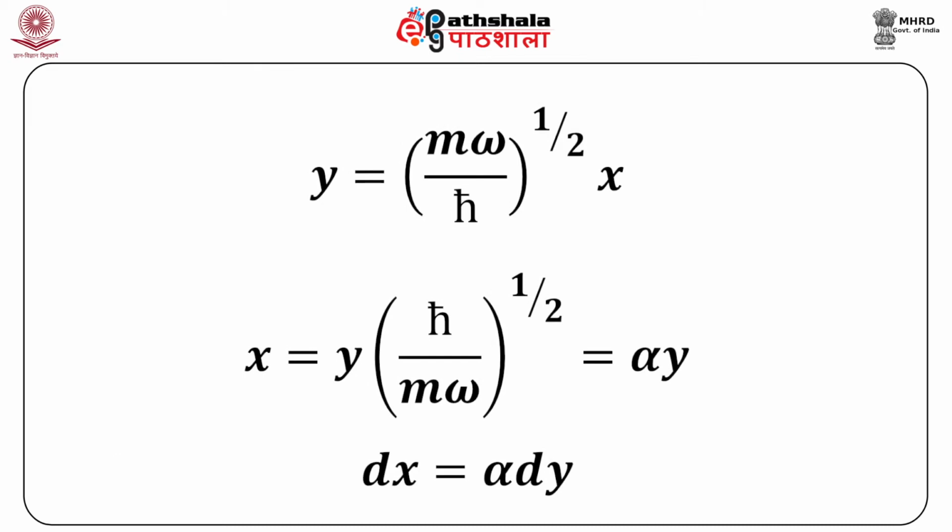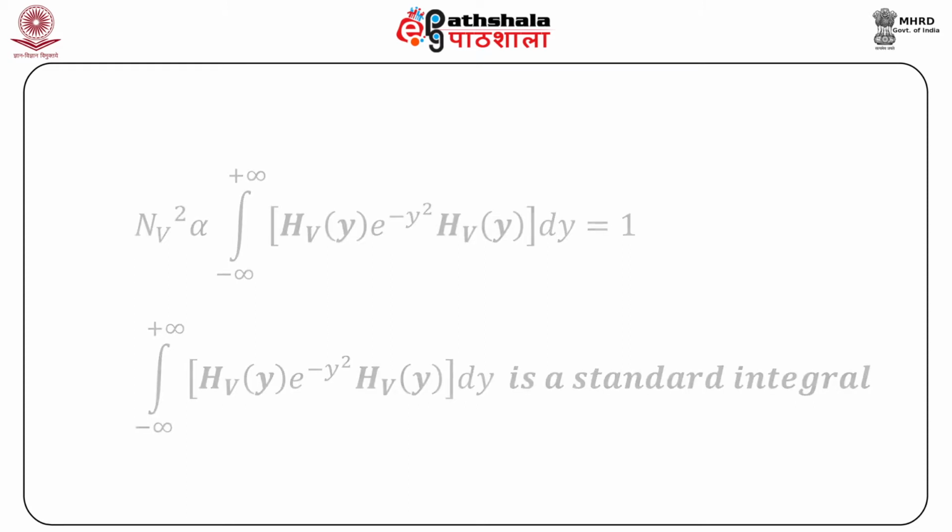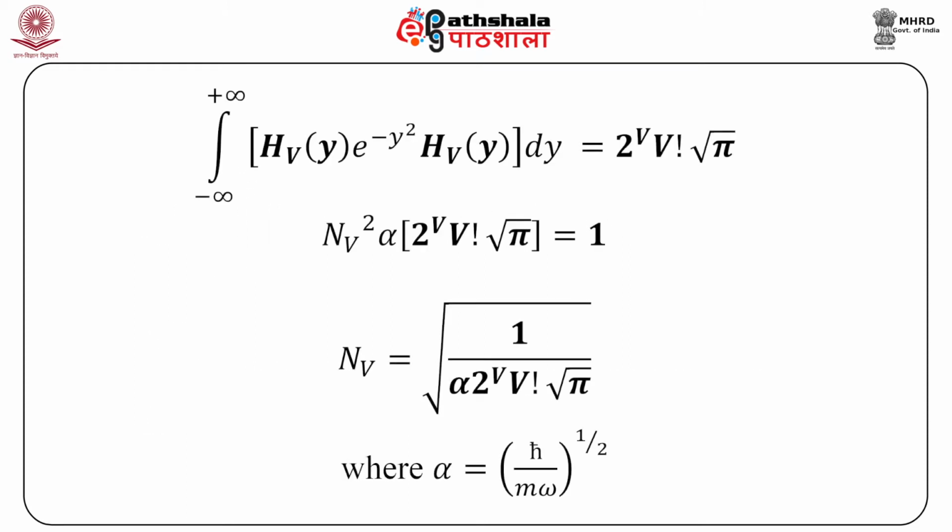If we solve this integral and make the appropriate substitutions which we had made earlier, then ultimately, using the standard integral, one can see that N_v, the general expression for the normalization constant, comes out to be 1 upon the square root of (alpha 2^v v! square root of pi). This is a general expression. Here, as you can see, alpha is equal to the square root of h cross upon m omega.